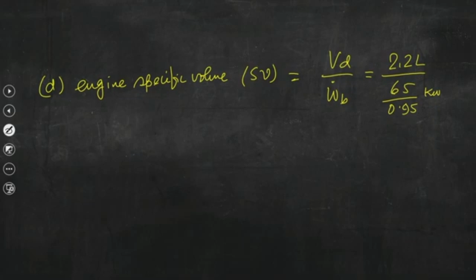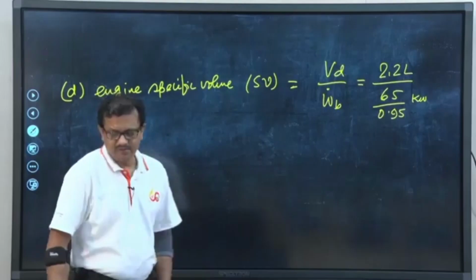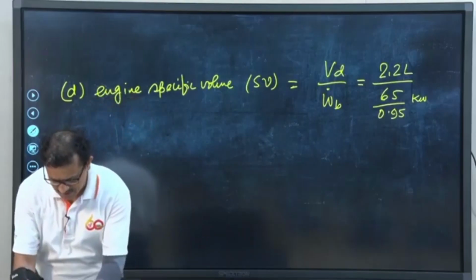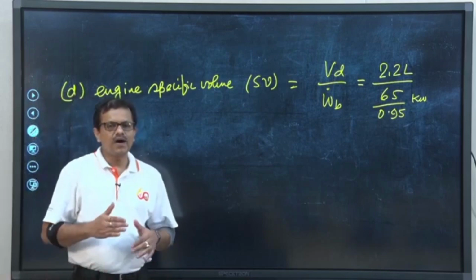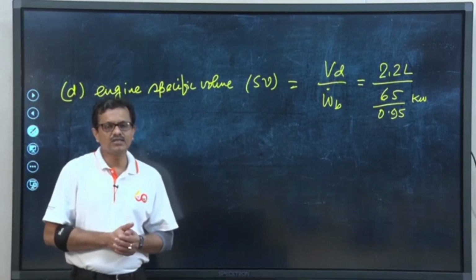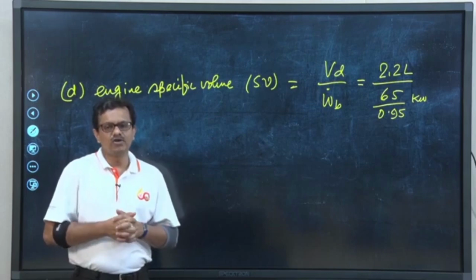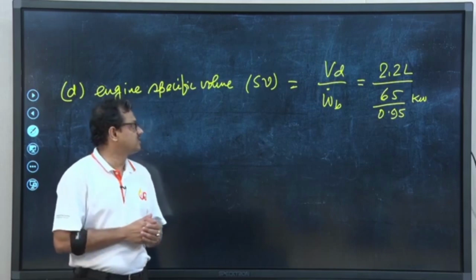Okay. So, basically what would be engine specific volume? Perhaps this is the first time I am introducing this term. So, per kilowatt, what is the displacement volume needed? That is the engine specific volume.